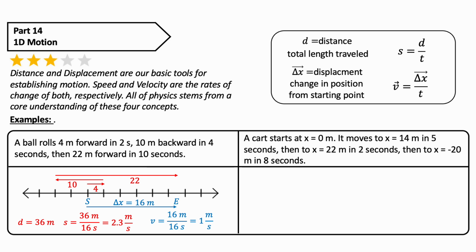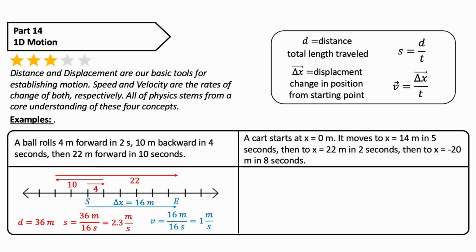So a way to think about these two numbers is that the speed is how fast this thing was really moving. It moved with an average speed of 2.3, the actual motion of it. But if we ask how good was this ball at getting forwards, if the net result was just to get 16 meters away, how good was it?